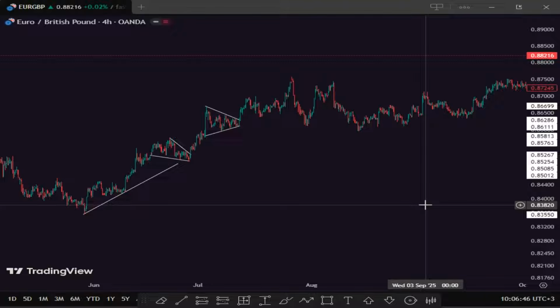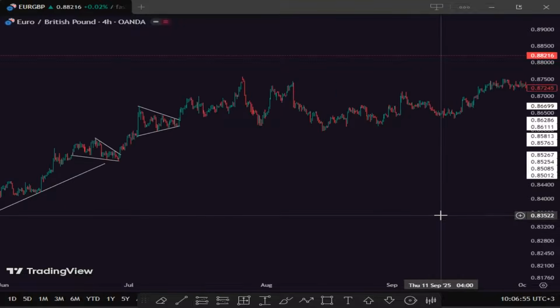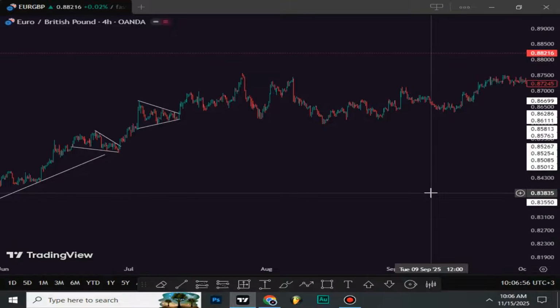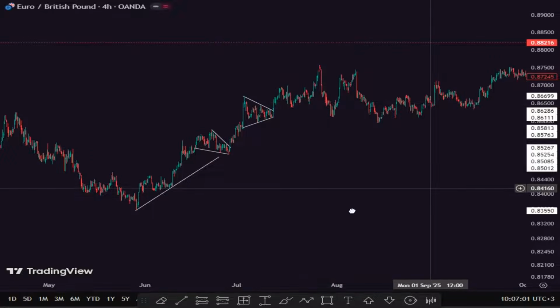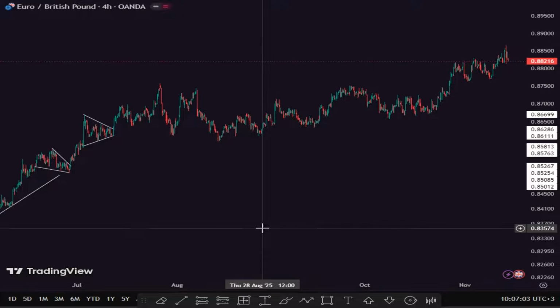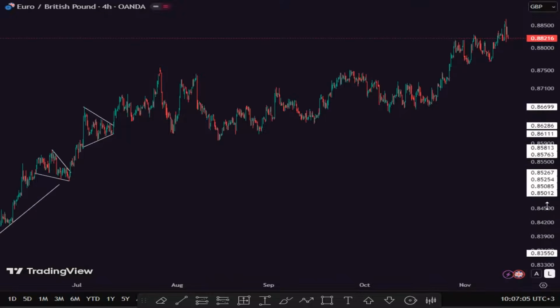Yes, we're using trend lines and support and resistance and ICT, but if you include patterns, the price will be easier to read. You'll try to understand where the market will try to go. So we have this symmetrical triangle. We also have bullish flags, right? For me, I usually use bullish flags.